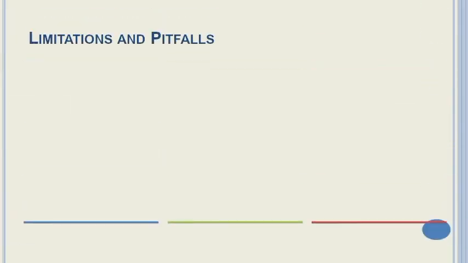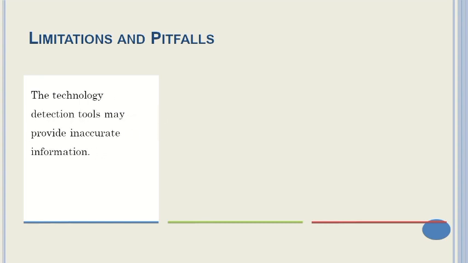So after knowing all these things, what are the limitations or pitfalls of these extensions? Number one is that the technology detection tool might provide incorrect information at times.